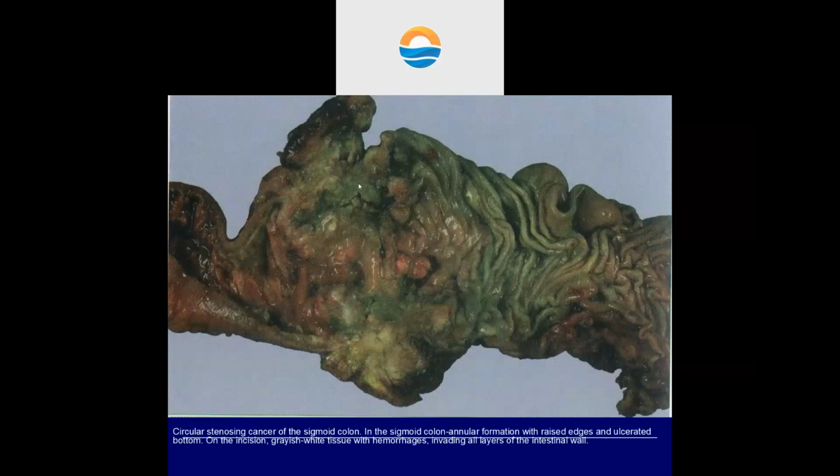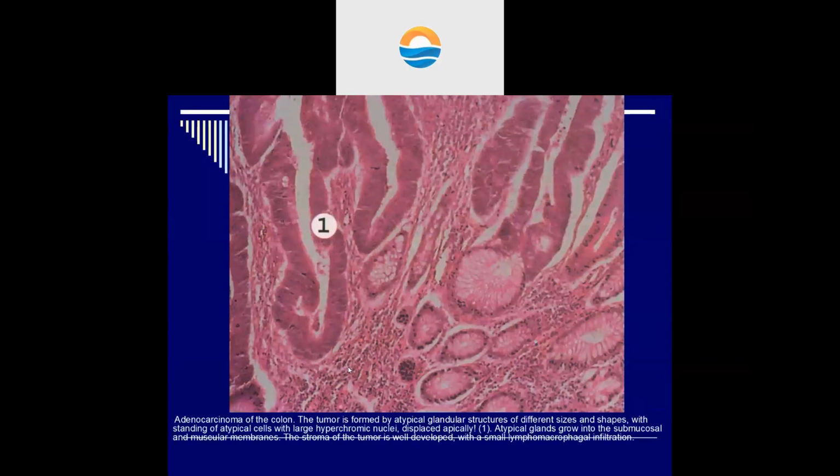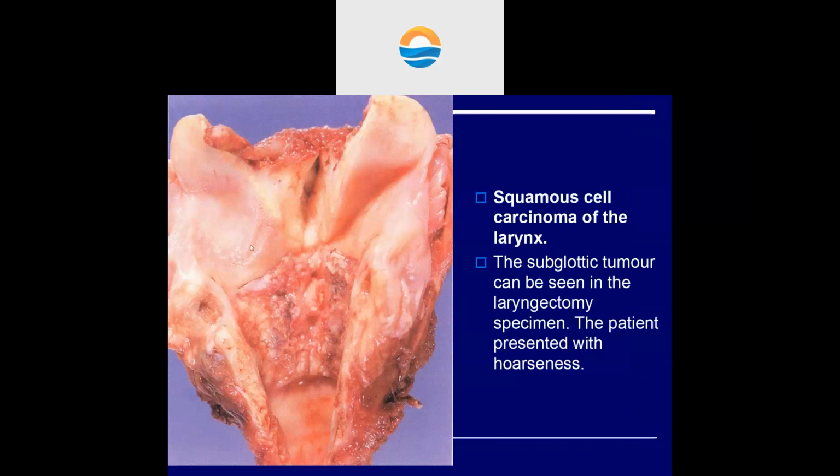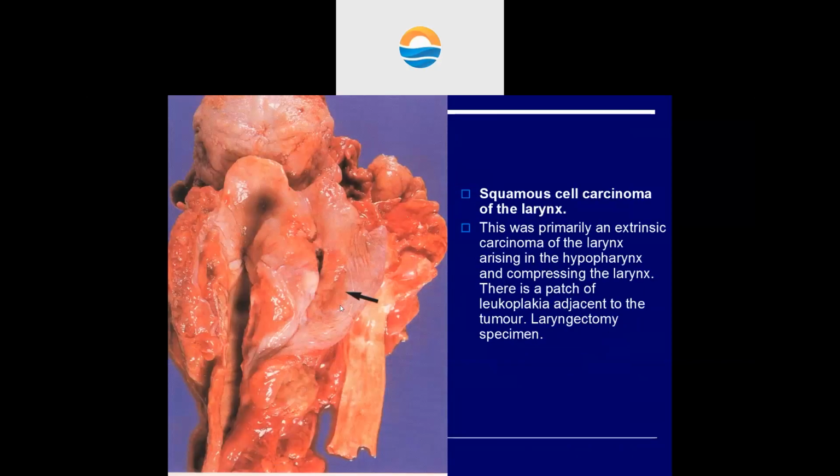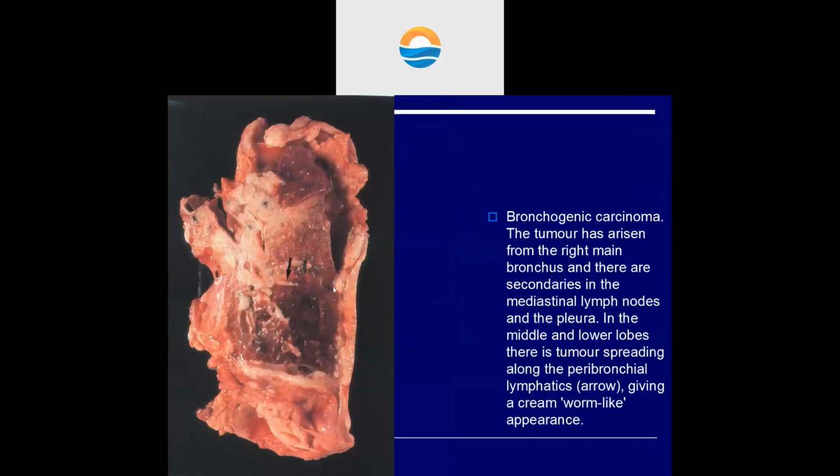Here you see the cancer of the sigmoid colon, adenocarcinoma of the colon, the invasive growth of atypical cells and glands. Squamous cell carcinoma of the larynx. Again, we see larynx, arrows show the cancer.